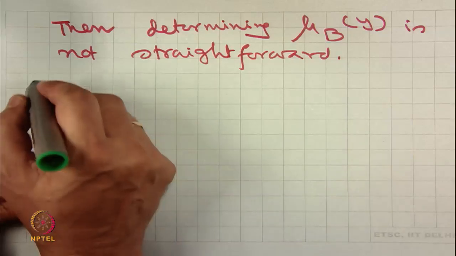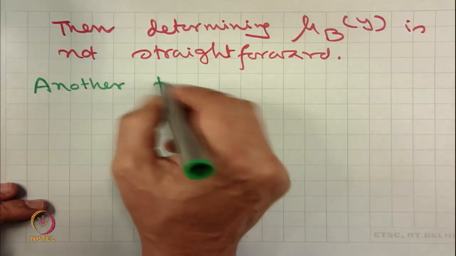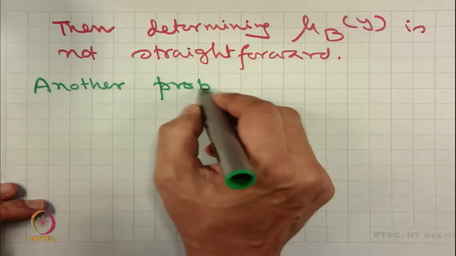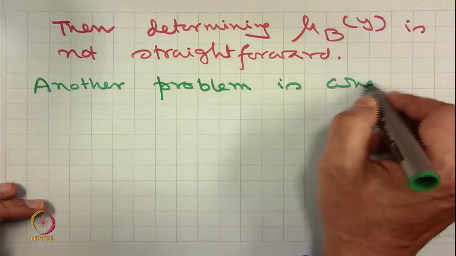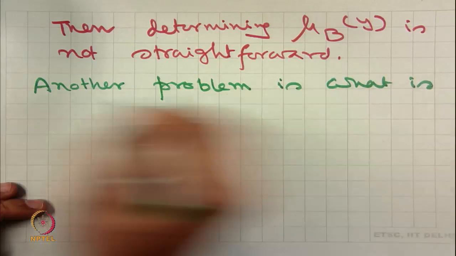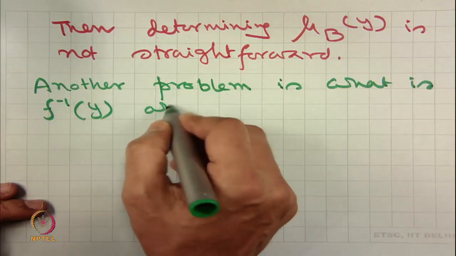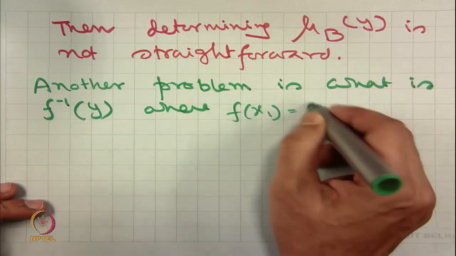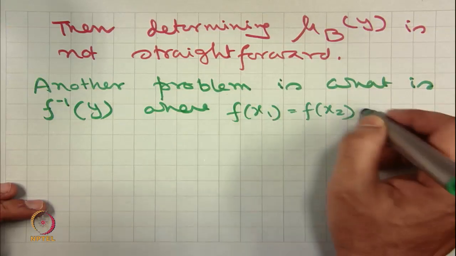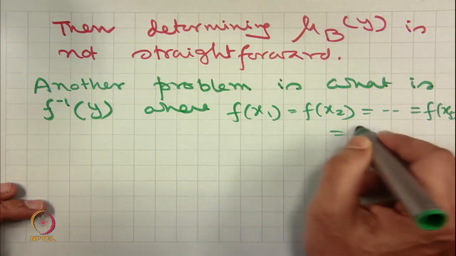Another problem is what is f inverse of y, where f of x 1 is equal to f of x 2 is equal to f of x 5 is equal to y.